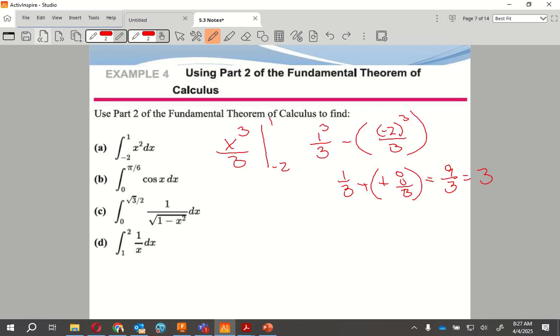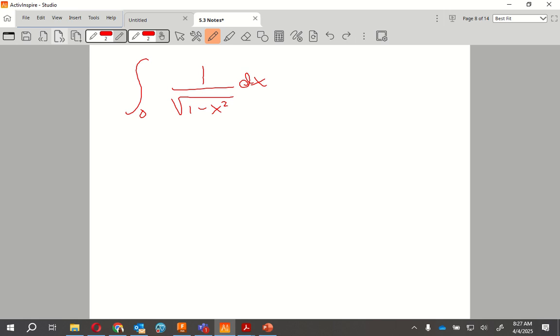And that was to what? Rad 3 over 2. Okay, this one right here, I don't expect you guys to have it all memorized right now, but does this look familiar? When we did derivatives, I remember something like that.